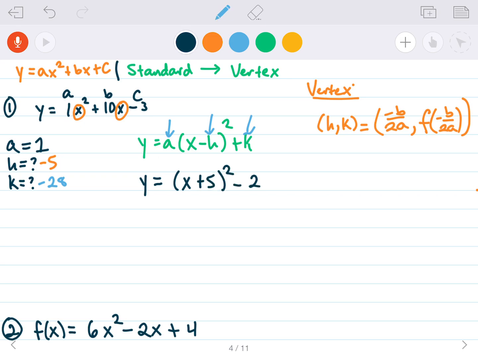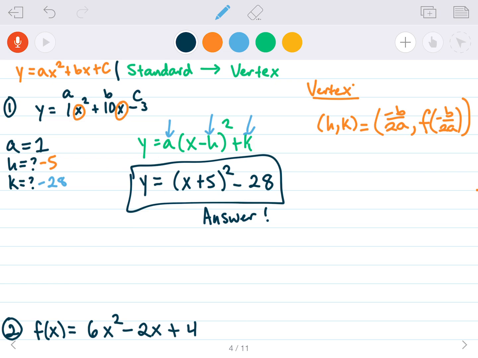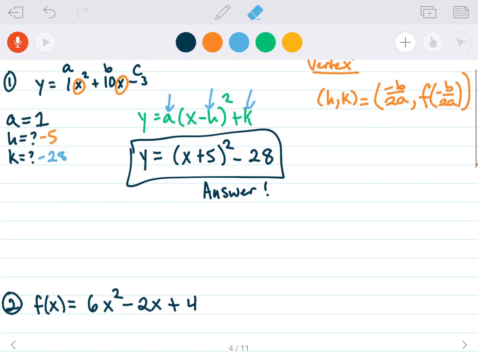Plus a minus becomes a minus. So this is our answer. And you can always FOIL this thing out and combine like terms to check that you get this original standard form answer. Okay, let's do number 2.